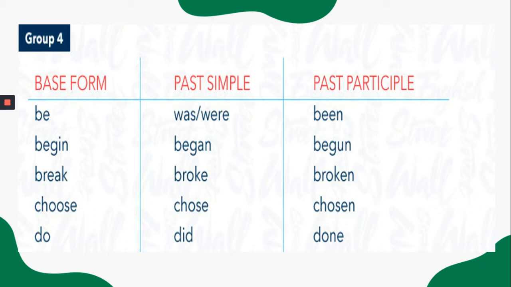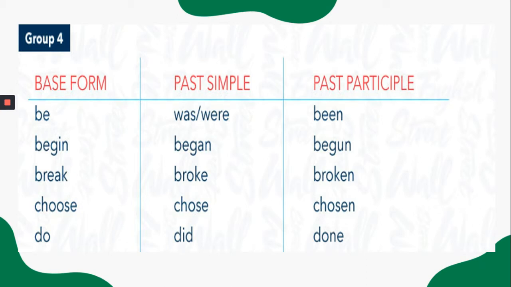And for the past participle, we have been for all of them. And also we have the verbs begin, past simple began, begun; break, broke, broken; choose, chose, chosen; do, did, and done.